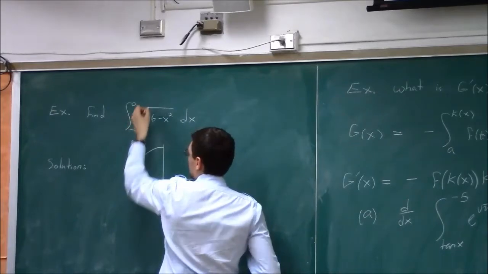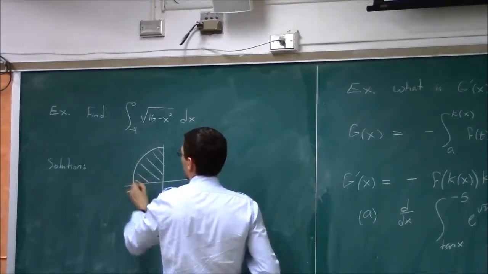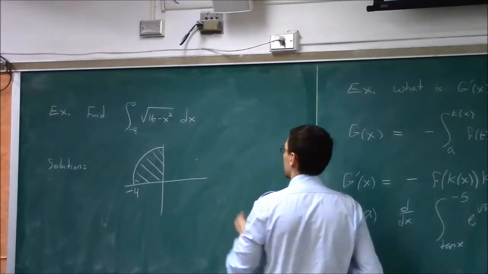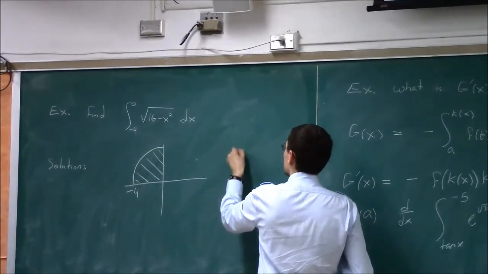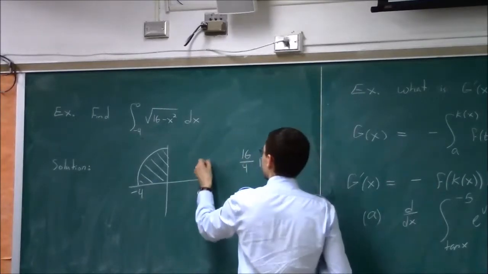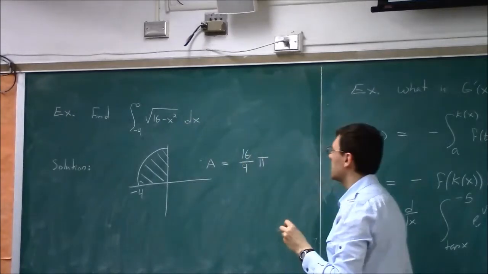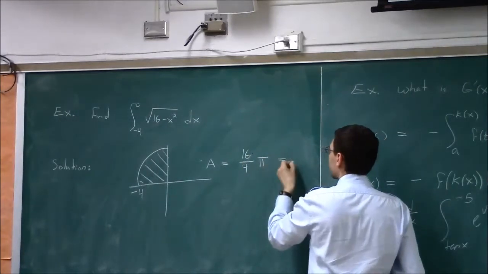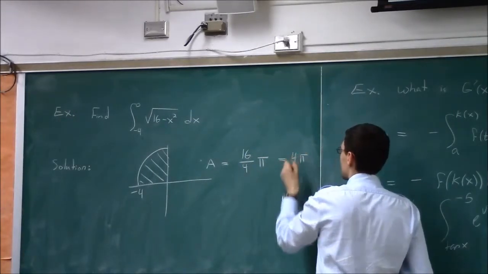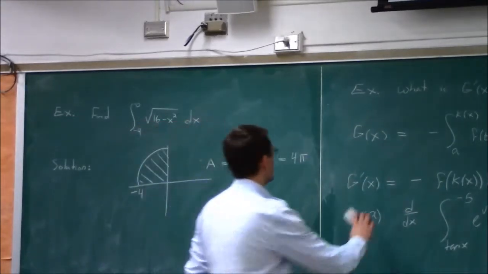The fact that it has a positive side tells us that we are dealing with 1/4 of the circle, right? So what we have is 16 divided by 4 times pi is this area, or 4 pi. So let me ask you a few more questions.